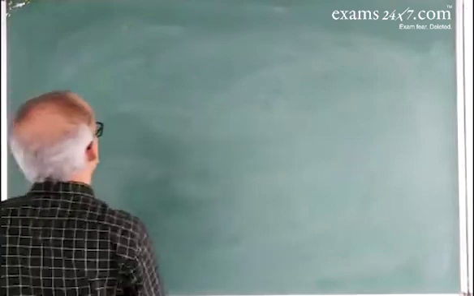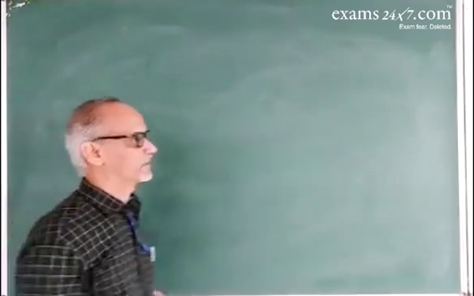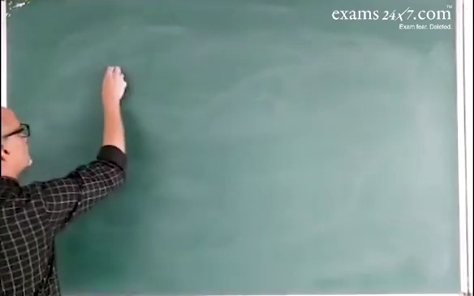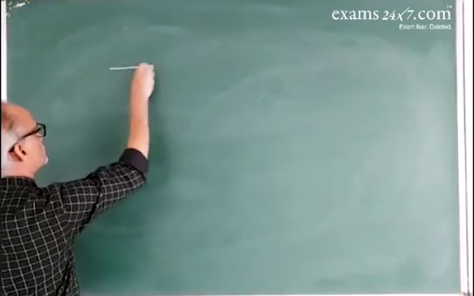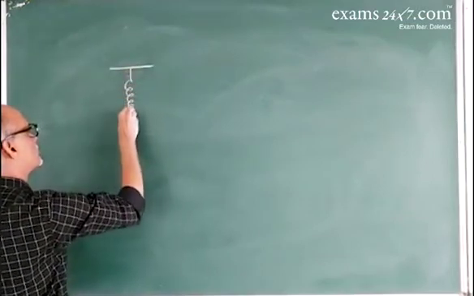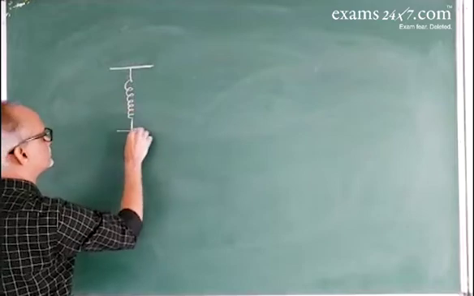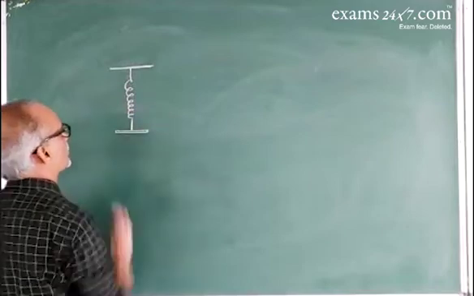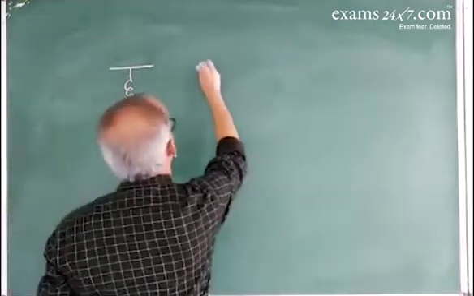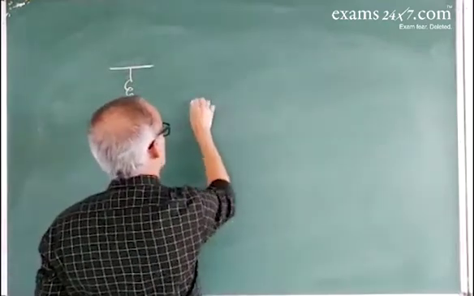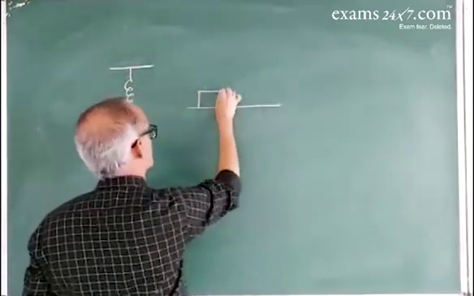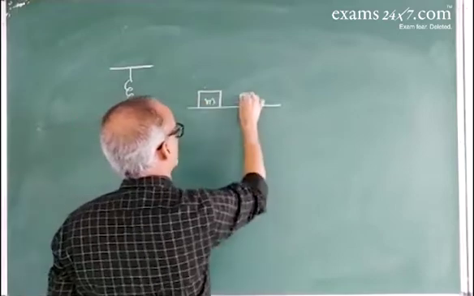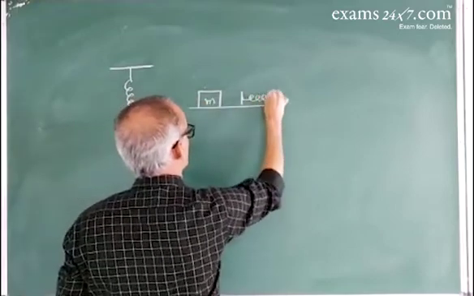So I'm going to apply this in three different diagrams. So we have a frame and then a spring. We have a block M, and then here we have a spring attached.